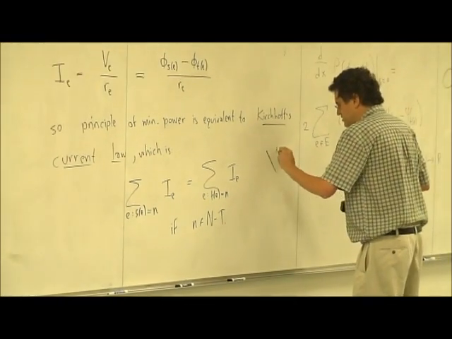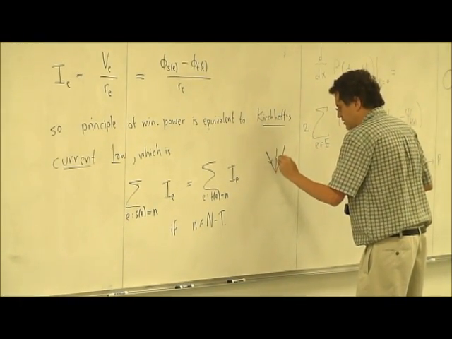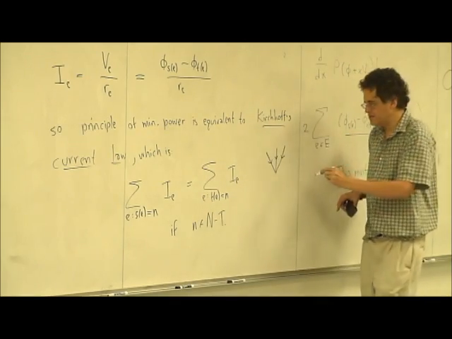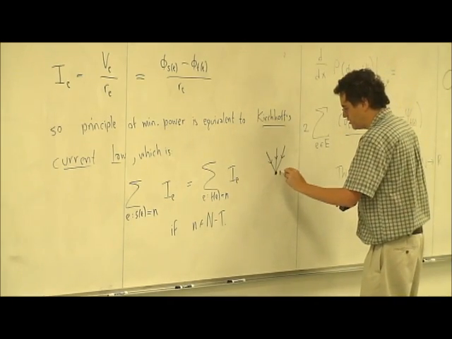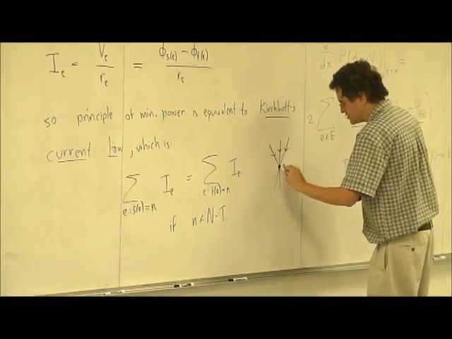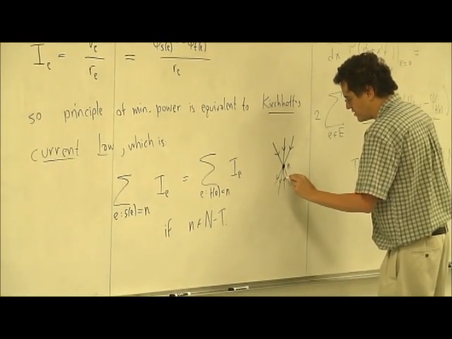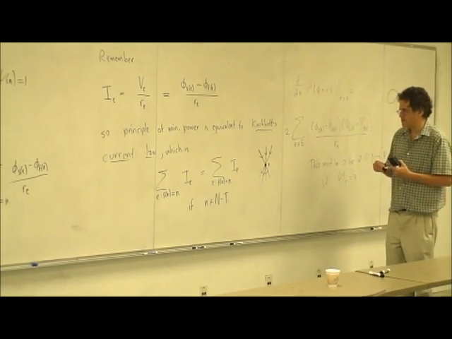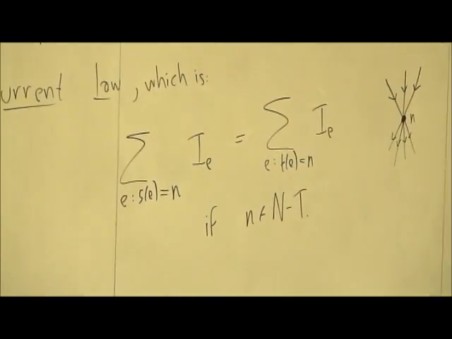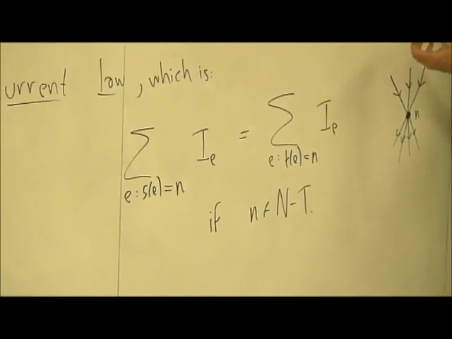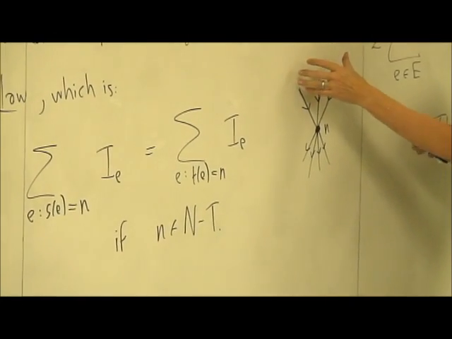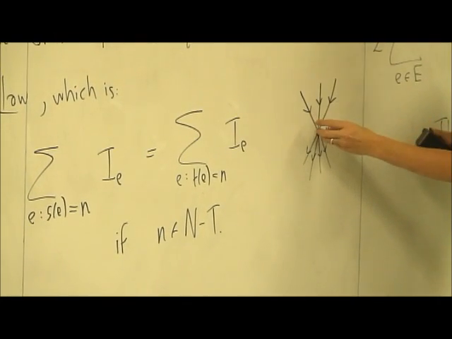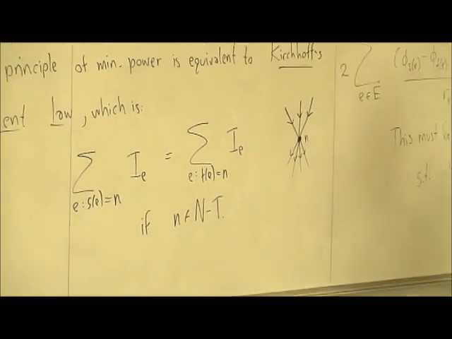So the idea is, as you said, it's just that the total current flowing into any particular node, if it's not a terminal, equals the current flowing out. And that makes a lot of sense now that we know that electrical current is made of electrons, and the electrons don't appear and disappear, so the rate at which they flow in here has to equal the rate at which they flow out.